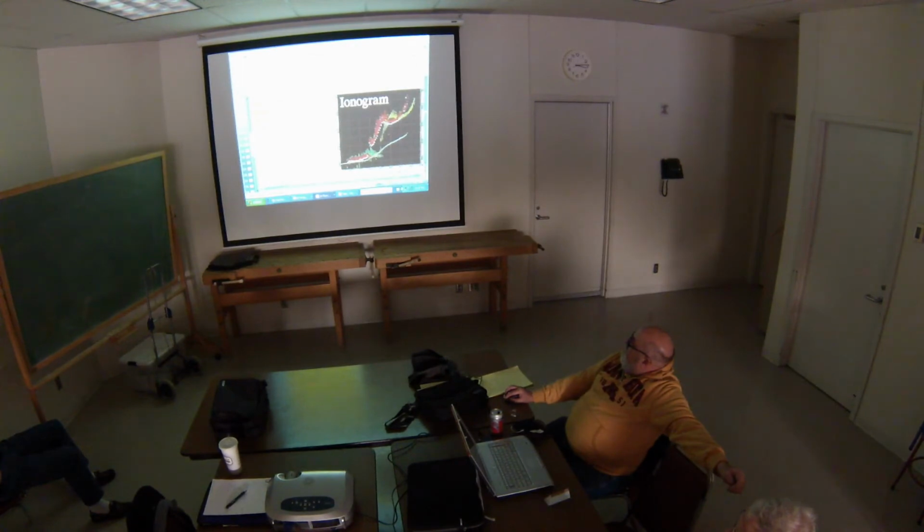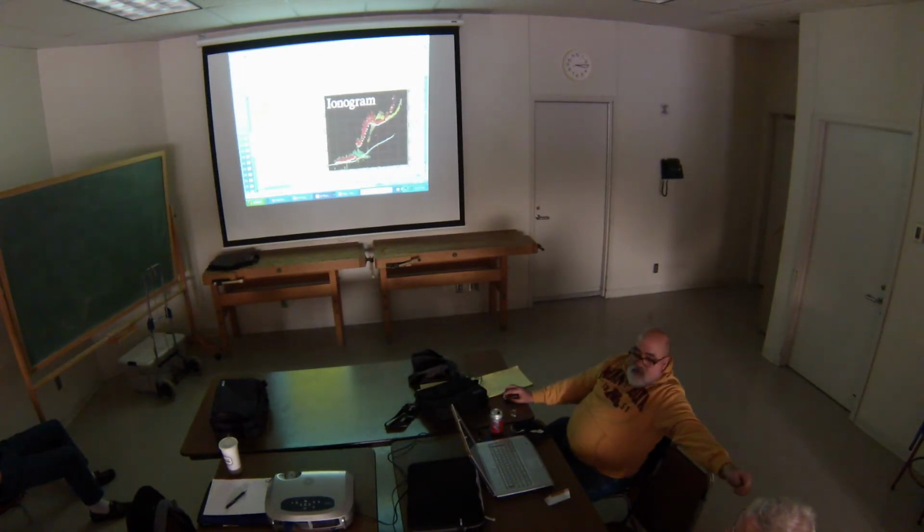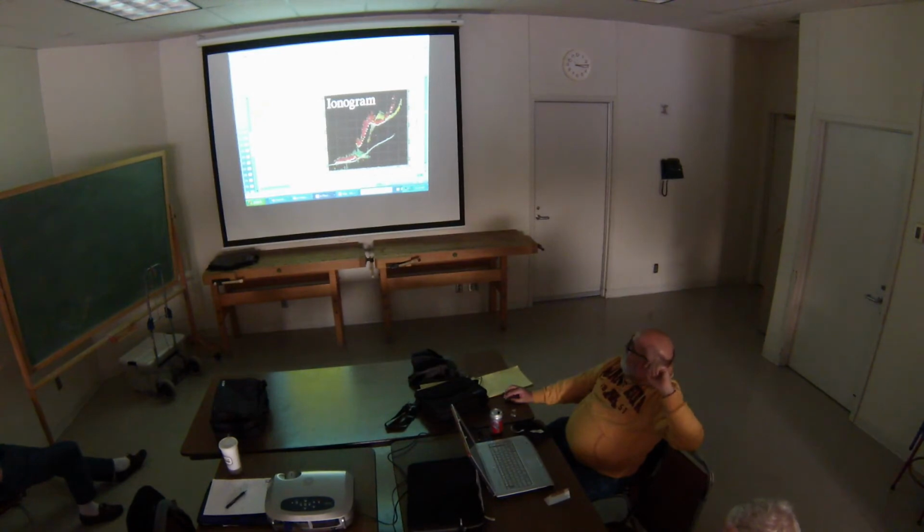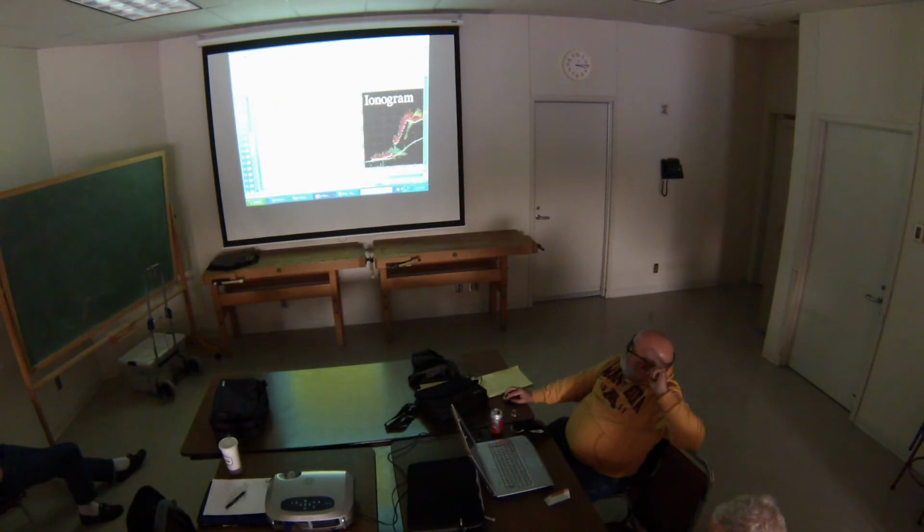This is an ionogram. So they can measure what frequencies are going to go right straight through the ionosphere and determine what that frequency is going to be. So here we're seeing, this shows the critical frequency here.